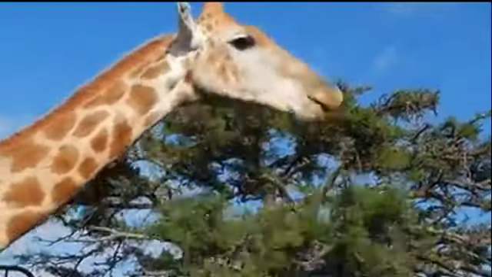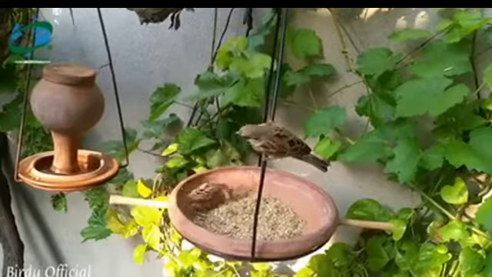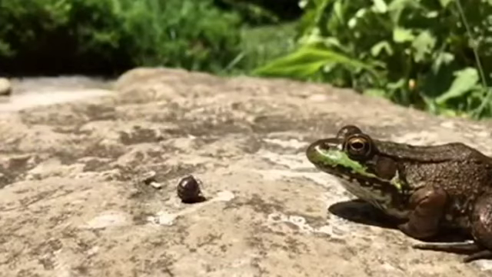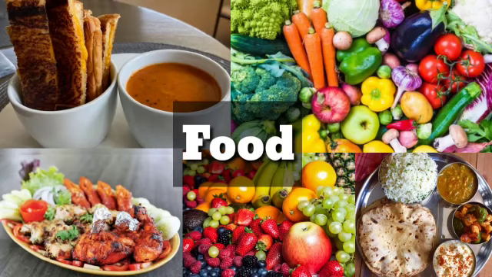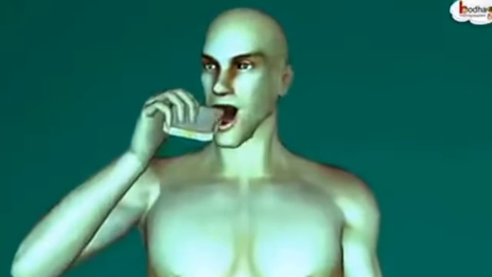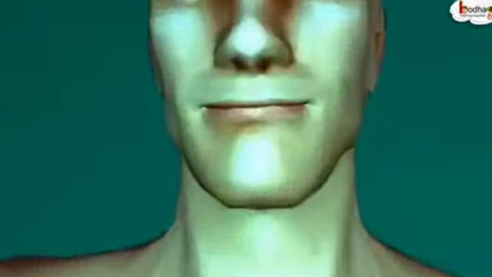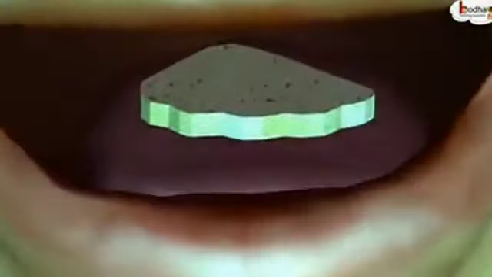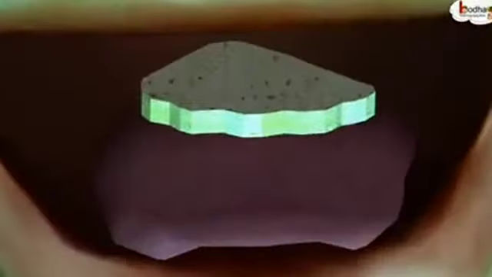All living things need food for their survival, but our body cannot use the food that we eat as it is. It has to be first broken down into simpler substances that can be used by our body.